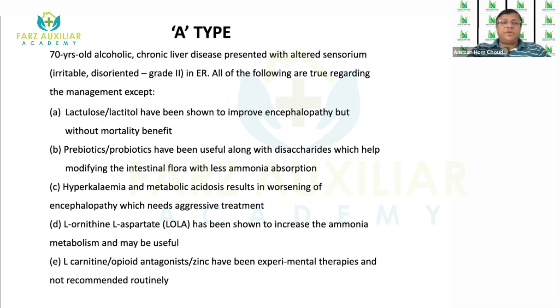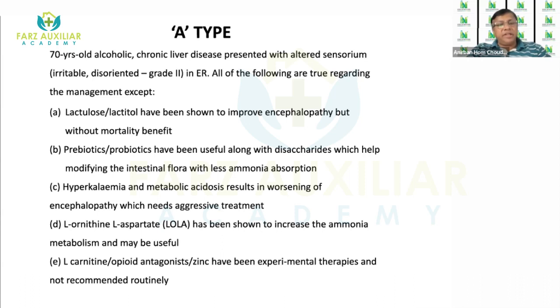A, lactulose or lactitol have been shown to improve encephalopathy, but without mortality benefit. B, prebiotics or probiotics have been useful along with disaccharides, which help modify the intestinal flora with less ammonia absorption. C, hyperkalemia and metabolic acidosis result in worsening of encephalopathy, which needs aggressive treatment.